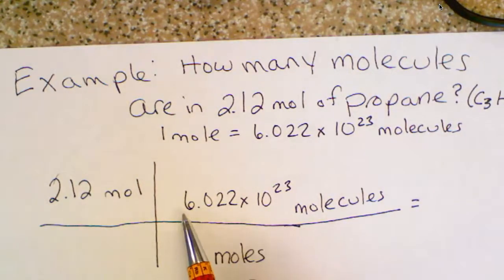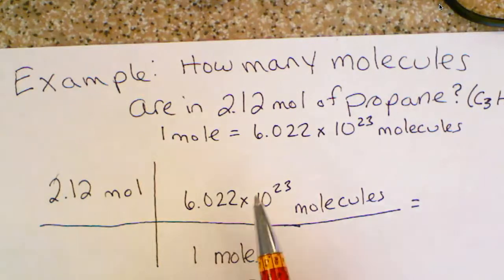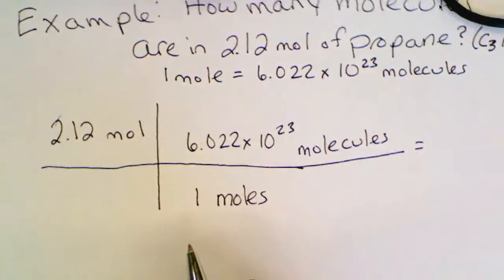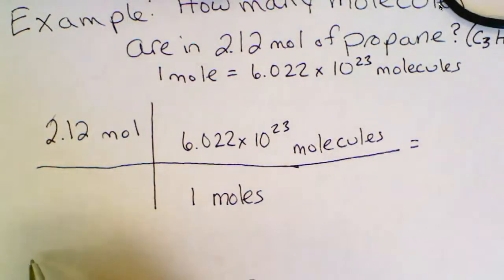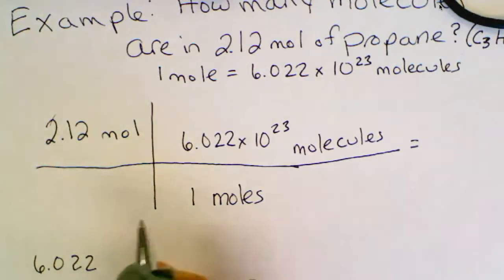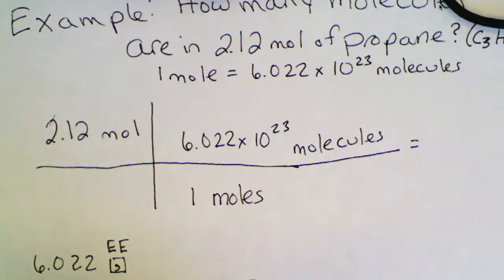It's going to be very important that you type this number in correctly in your calculator, especially if we are dividing by scientific notation. The best way to type this in so that you don't have to worry about whether or not you put parentheses is to type 6.022, and then you have an EE button. I think it's above your comma if you have a TI-84, but you're looking for 2 capital E's. A lowercase e is completely different, right?